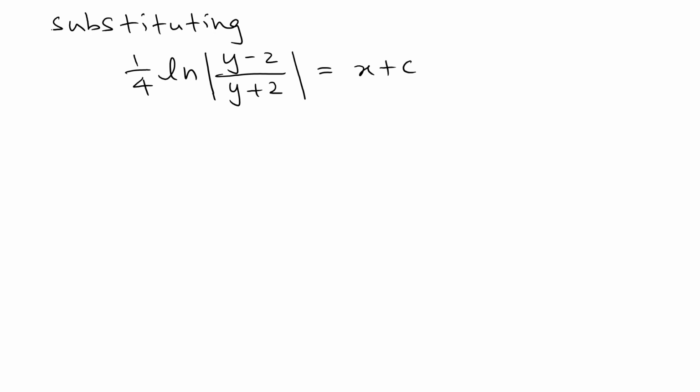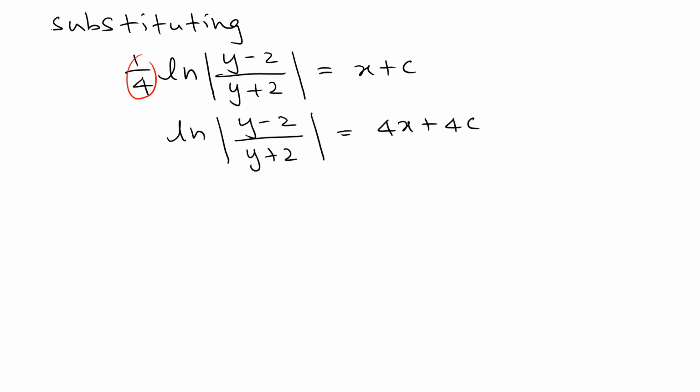Next, we're going to multiply by 4 to cancel this out, so you can write it like this. Now we can write the exponential form, and also remove the absolute value sign because we did it multiple times. So you can see y minus 2 over y plus 2 equals plus or minus e to the 4x times e to the 4c.